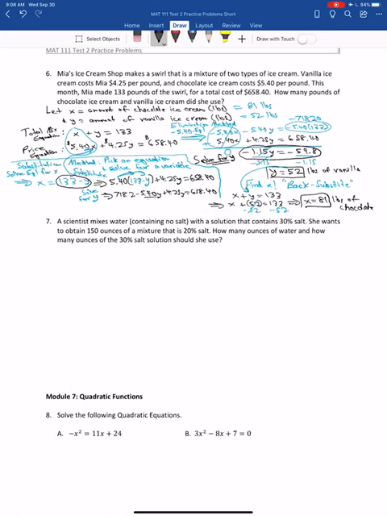And then we've got some like terms, so we can add those together. Negative 5.4 plus 4.25, that's negative 1.15y. So 718.2 minus 1.15y, as we combine the like terms, equals 658.40.